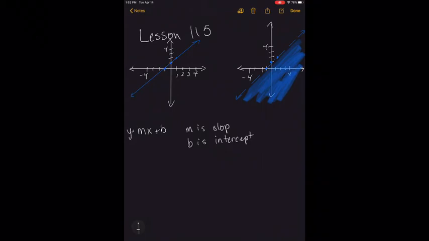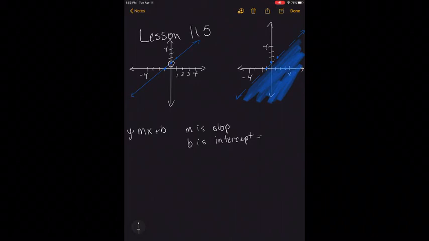All right, so when we look at the first line, we can see that it intersects the y-axis at 1, so b is 1. And we can measure the slope either by saying y2 minus y1 over x2 minus x1, or we could actually just say, well, from this point here, we're going over 1 and we're going up 1.